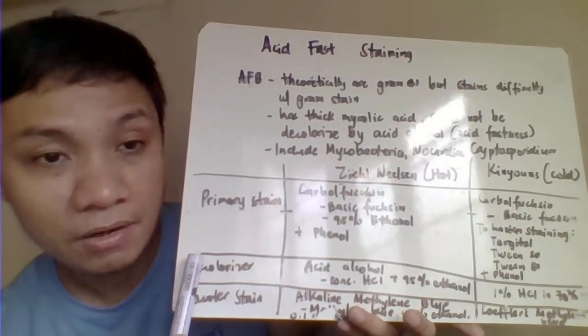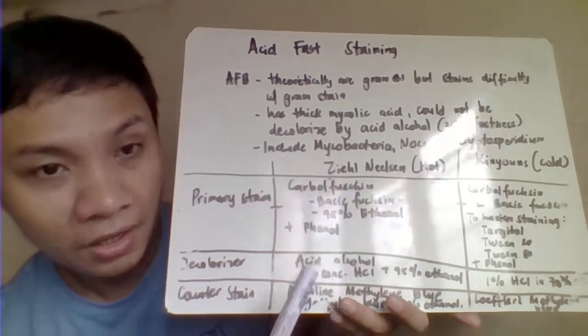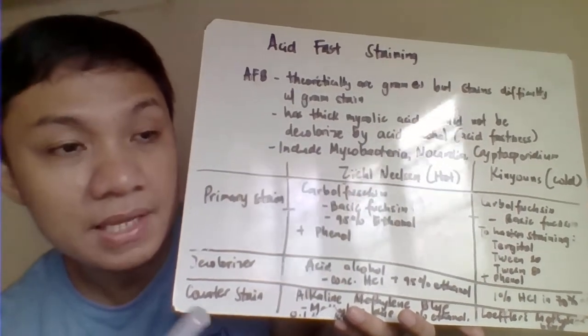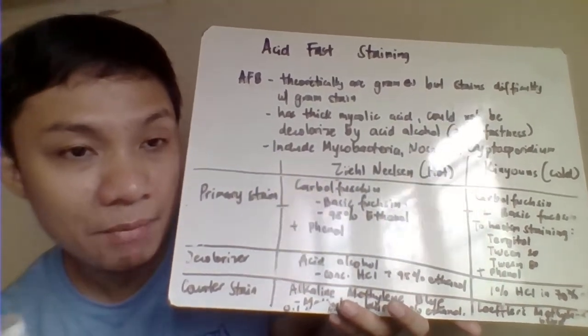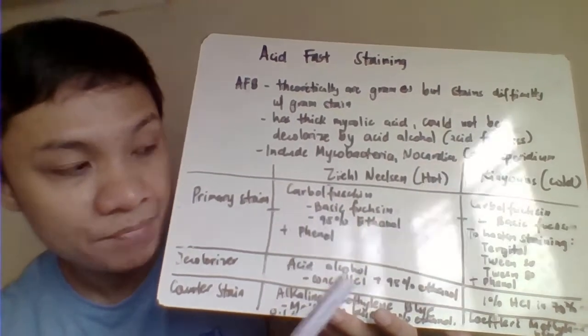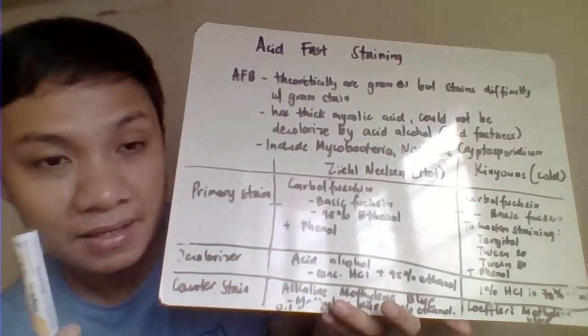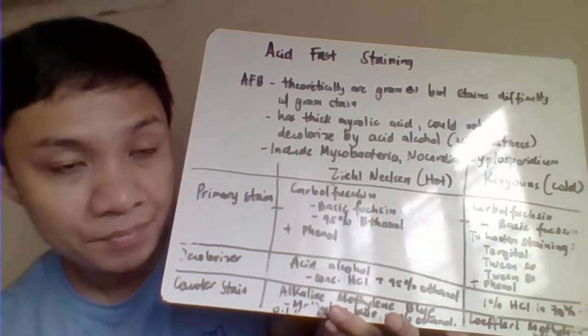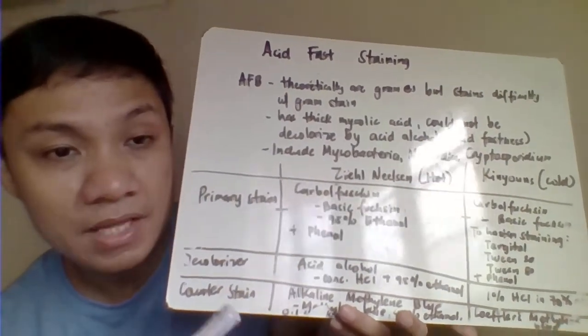Then you try to add decolorizer. Remember, pag acid-fast, it tries to resist the decolorization. I mean to say, you could not remove the primer stain pag acid-fast bacilli. Pag non-acid-fast bacilli, they will be decolorized by your acid alcohol. Maging colorless siya, and it would allow your primer stain to escape.